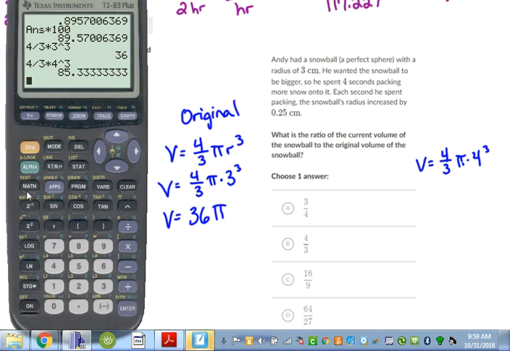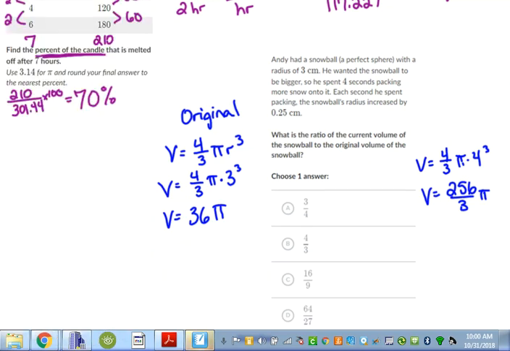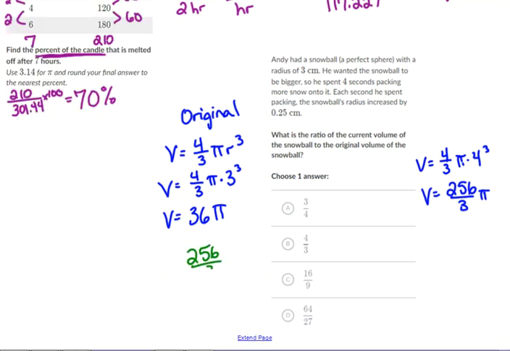Ugh, not a pretty number. Let's turn that to a fraction. 256 over 3 pi. It says, what is the ratio of the current volume to the original volume? So we do current, 256 over 3 pi, over the original.